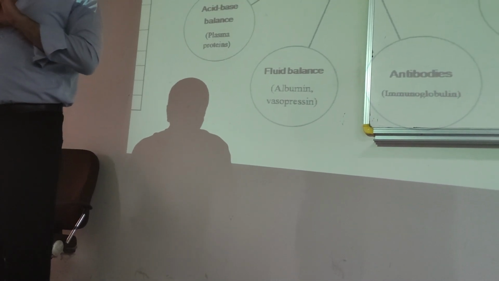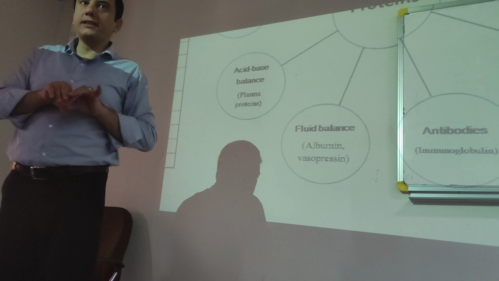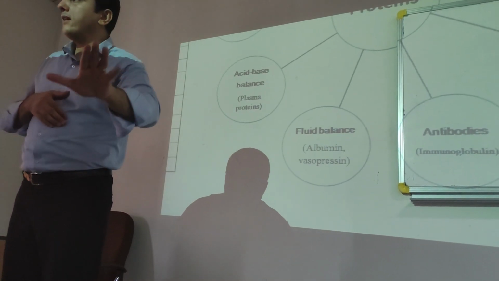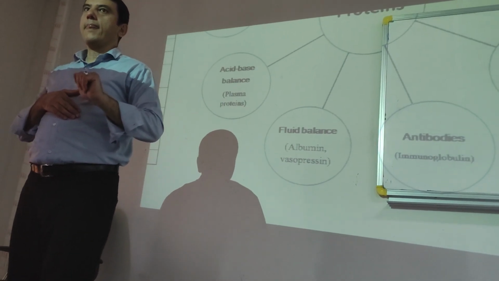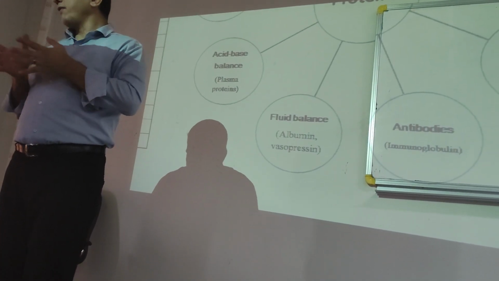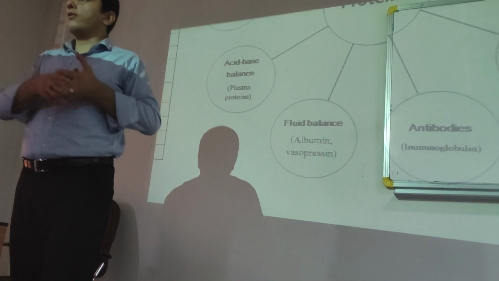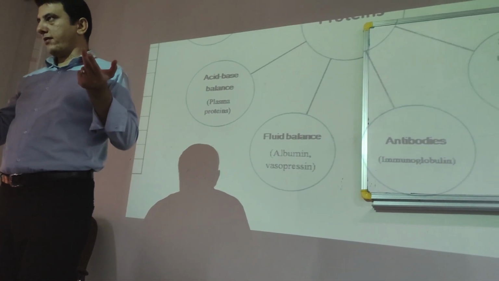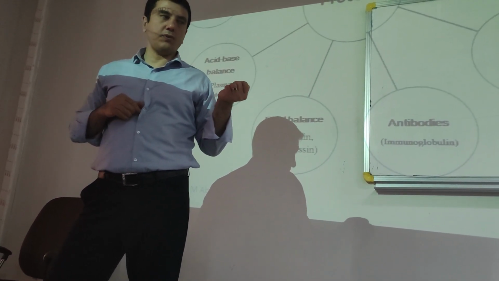So, if our patients suffer from a liver disease, the concentration of albumin will decrease. There are too many liver diseases that cause such a situation, for example, all hepatitis. Hepatitis can lead to this situation.